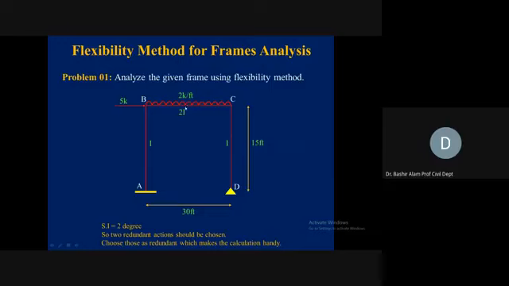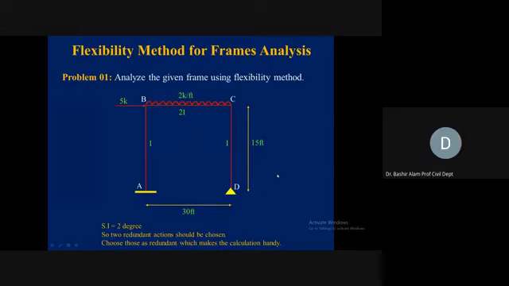On BC, the beam member, we have a 2 kip per foot UDL. Its moment of inertia is 2I, and the left column AB has I, and the right column CD has I. The horizontal distance is 30 feet and the vertical is 15 feet.